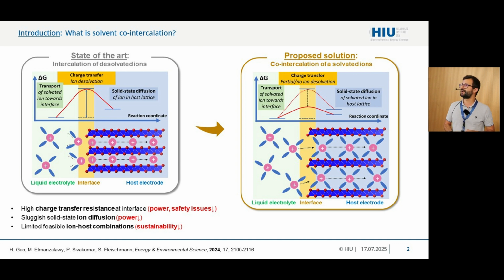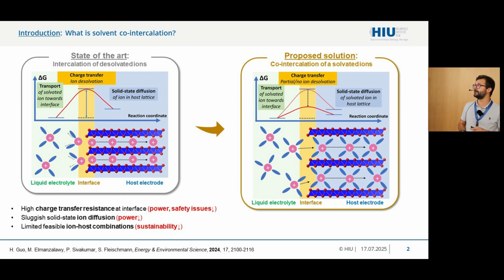It can also slow down the ion diffusion kinetics because of strong ion-host Coulombic interactions, and it limits the feasible combinations of ions and host materials. One strategy to address all of these issues is solvent co-intercalation.